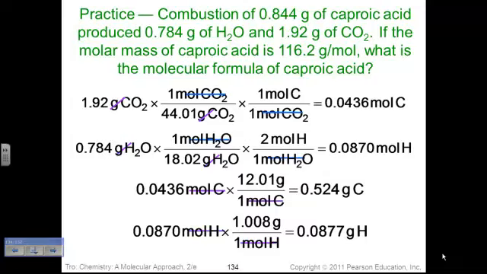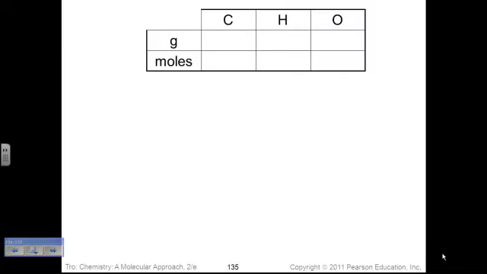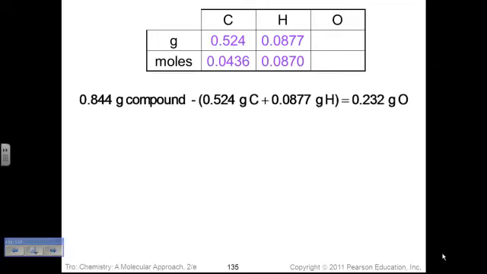So when we find the mass of the oxygen, we can begin converting it into moles. Just tabulating in a table form here, grams of each of the elements and moles of each of the elements allows us to keep better track of the data in the presentation. The mass of the carbon, 0.524, the mass of the hydrogen, 0.0877, total weight was 0.844.